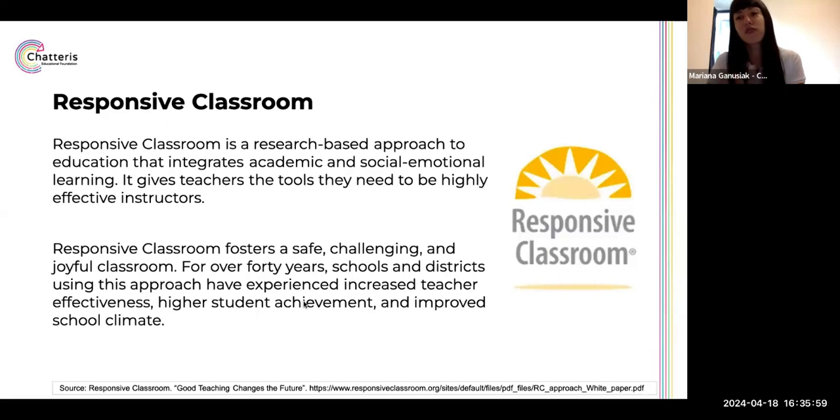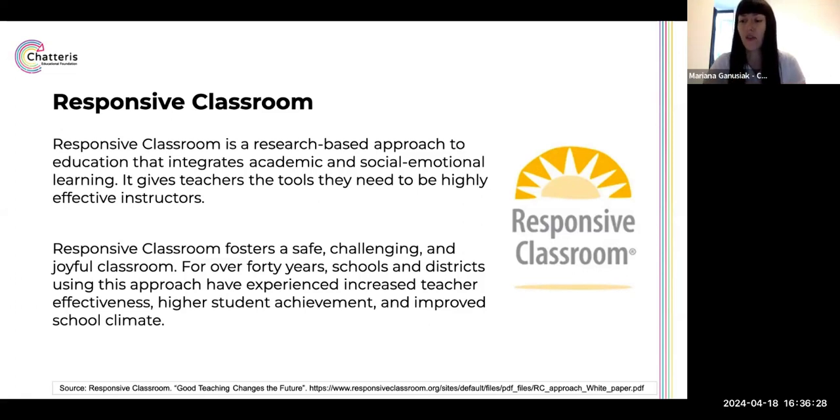All right, so the responsive classroom approach to teaching began in 1981 with a group of public school teachers in the US. Their main goal was to resolve the disconnect between the teacher's desire to deliver excellent lessons and what was actually happening in the classroom. They're not the same things. They realized that academic and social learning go hand in hand.